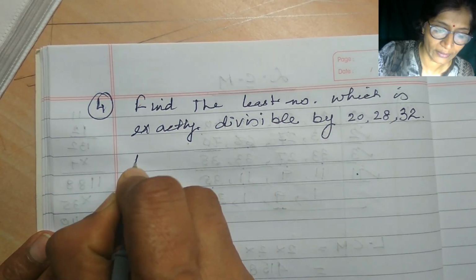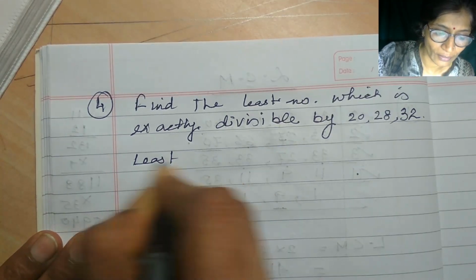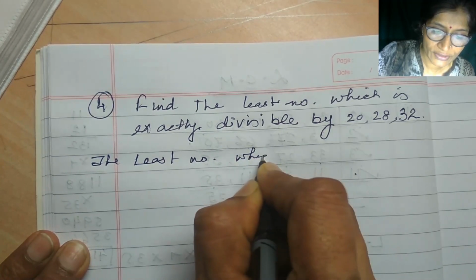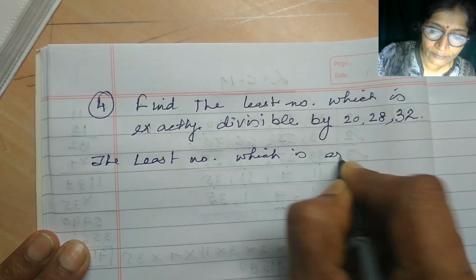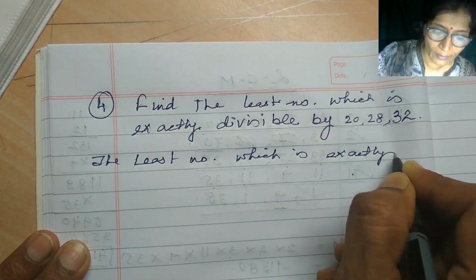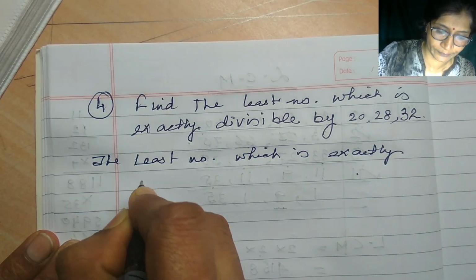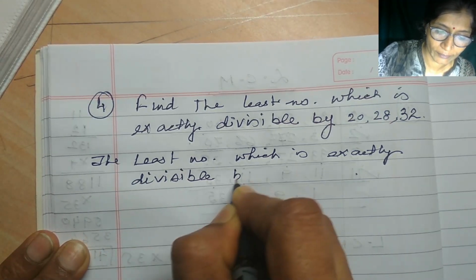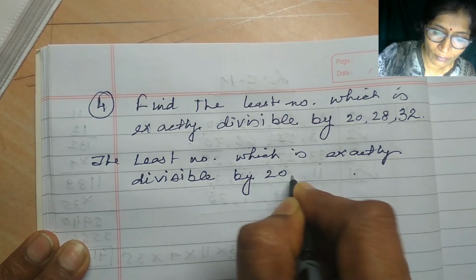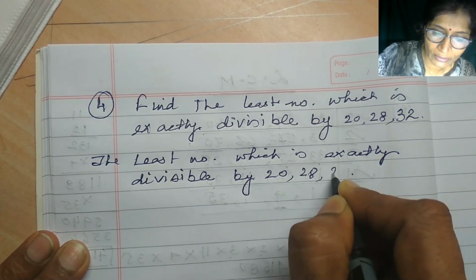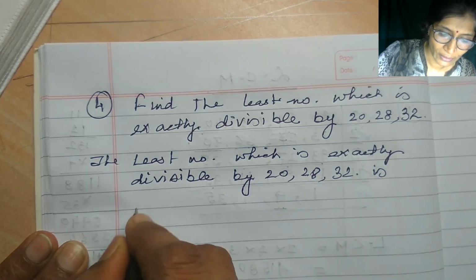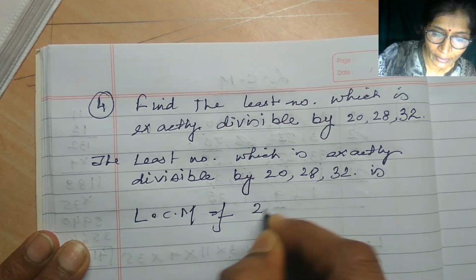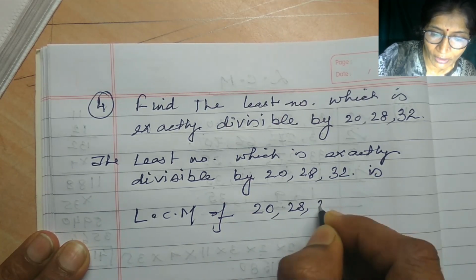So we will write that the least number which is exactly divisible by 20, 28, 32 is the LCM of 20, 28, 32.